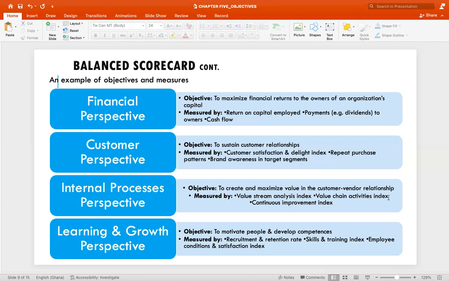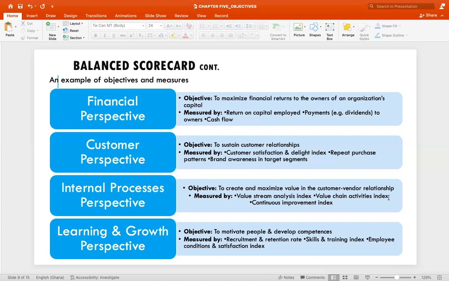So value chain activities will normally begin from getting raw materials, right? Then the processing of the raw materials, and then finally the distribution or the marketing aspect of the value chain. So you want to pay attention to each stage to make sure you are providing value for your customers. Okay. How are you getting quality raw materials? Are they reasonably priced?